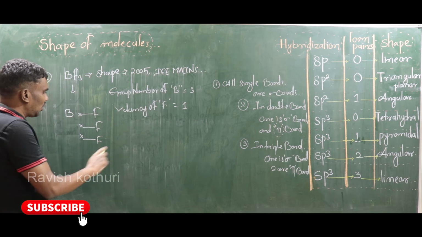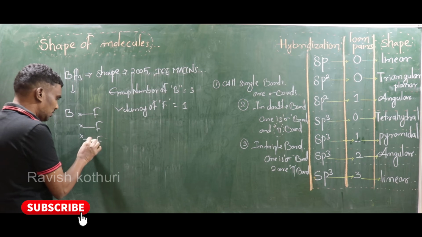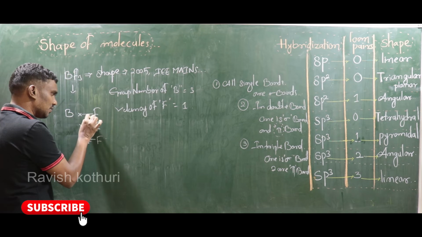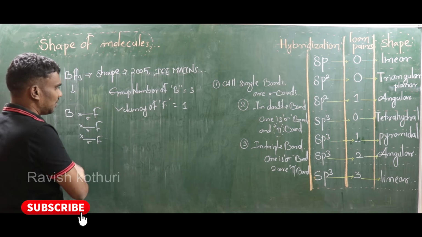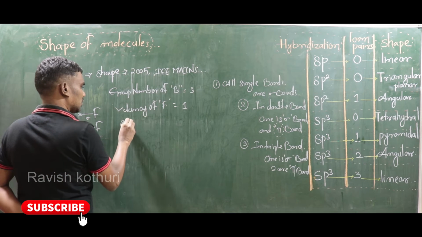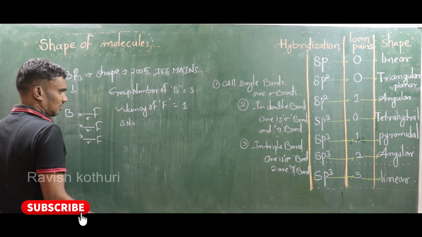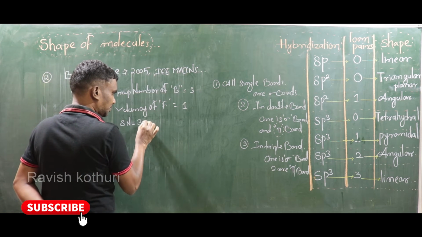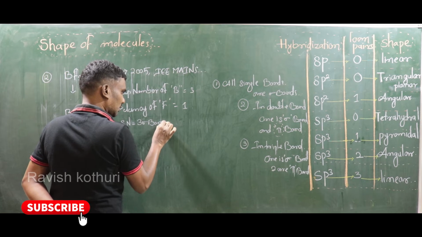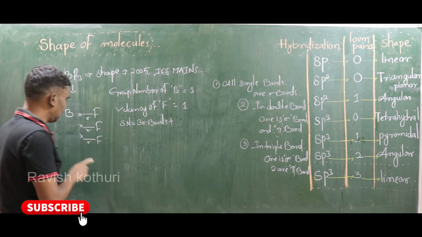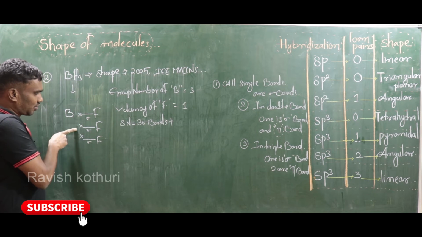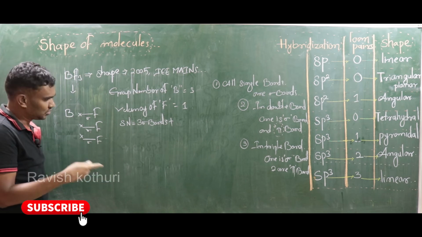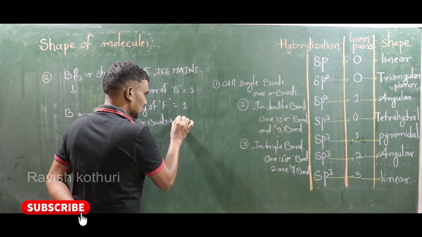Now here, all single bonds are sigma bonds. So this is sigma, this is sigma, this is sigma. What about the steric number? Steric number equals number of sigma bonds. How many sigma bonds are there? 1, 2, 3. 3 sigma bonds. Any lone pairs? 3 electrons bonded with 3 electrons, so 0 lone pairs.